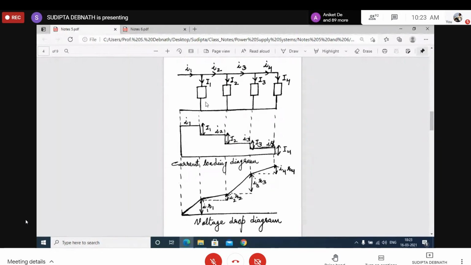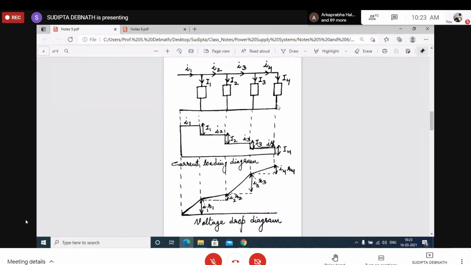So in this portion, the current flowing will be small I2, which is small I1 minus I1. In this portion, it will be small I3, which is small I2 minus capital I2. It will still decrease and the current in this portion will be minimum, that is small I4. Small I4 will be equal to small I3 minus capital I3. And small I4 and capital I4 are the same because this current is flowing here.